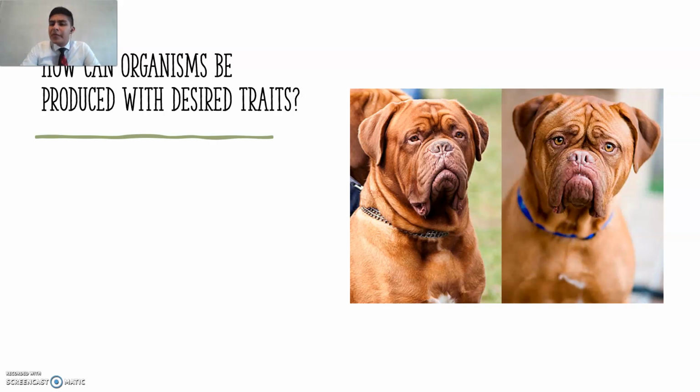So they say, oh, I really like the characteristics, or I really like the way these dogs look. So, of course, if they both have babies, then the puppies are going to be very similar to their parents. And that's exactly what happens. When these 2 dogs have puppies, then the babies are going to be very similar to them, which means that humans are going to get the desired traits in the offspring. All right.